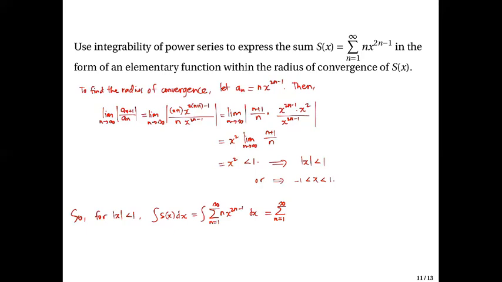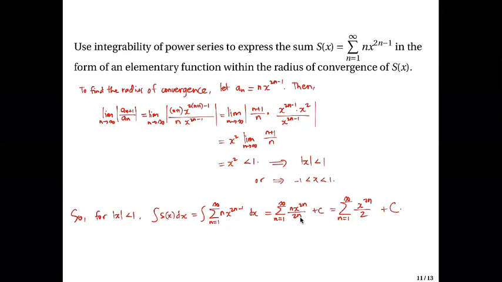Remember, when you integrate, you don't change the lowest number for n. You will get n x raised to 2n over 2n, since 2n minus 1 plus 1 is just 2n. I forgot the plus c, so let's put the plus c in here. You just have the series from 1 up to plus infinity of x raised to 2n over 2, plus c.